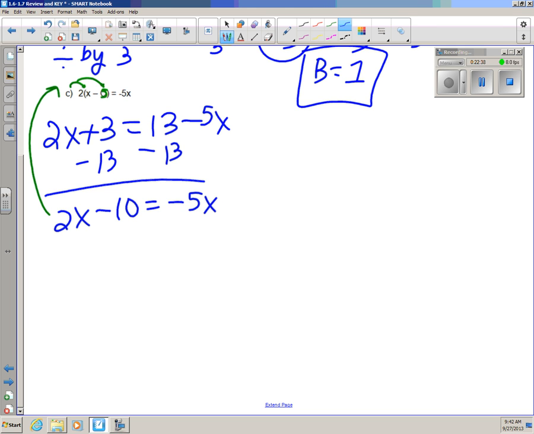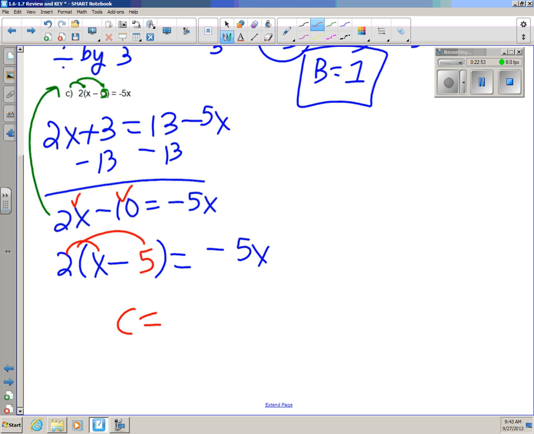So does that make sense? 2x minus 5 in parentheses equaling negative 5x? And yeah, because if you distribute, you get 2x minus 10, so C is just 5. These are definitely a little bit harder. You've got to think a lot more, but it's not something you can't do.